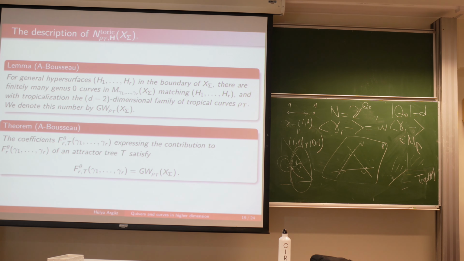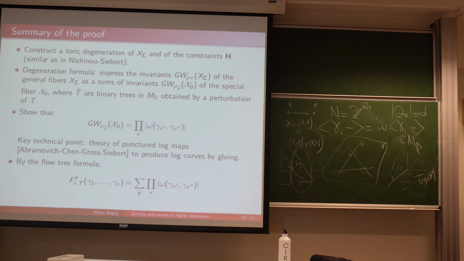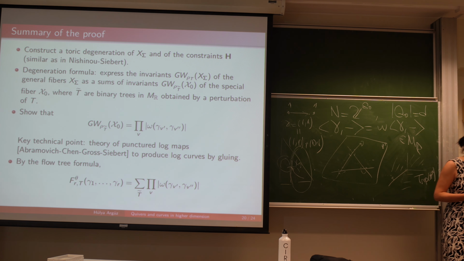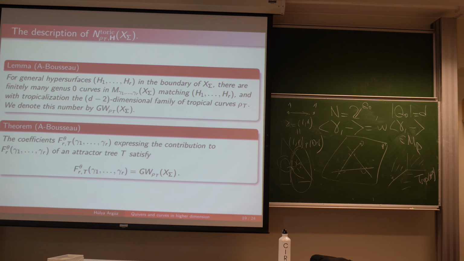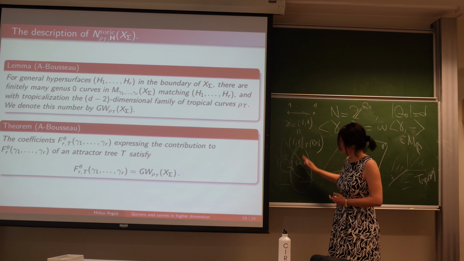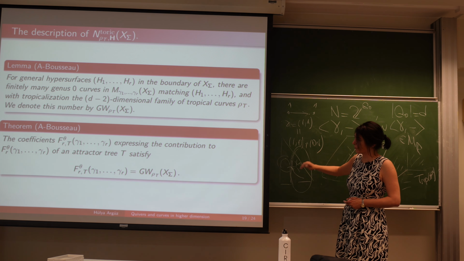So I will tell you a summary of the proof in the toric case, how it goes. Okay, I told how we matched these two. In the toric setup, I mean, we were motivated by wall crossing. In the cluster setup, the proof is purely combinatorial.